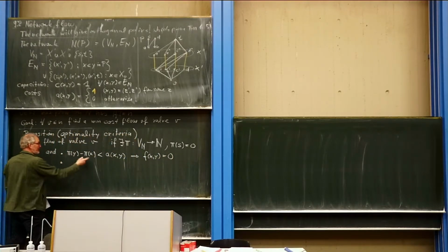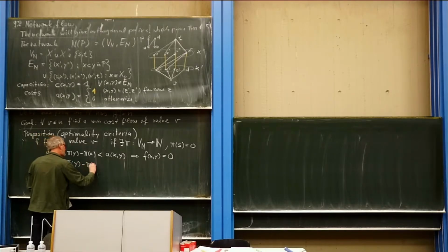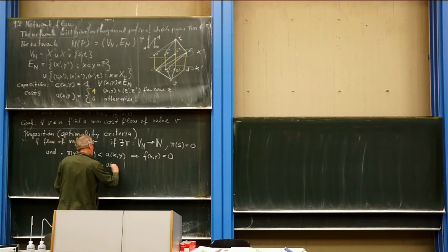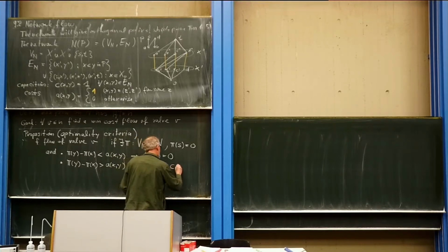And if we have an edge where this potential difference is larger than the cost, then the flow on this edge is saturating the capacity.